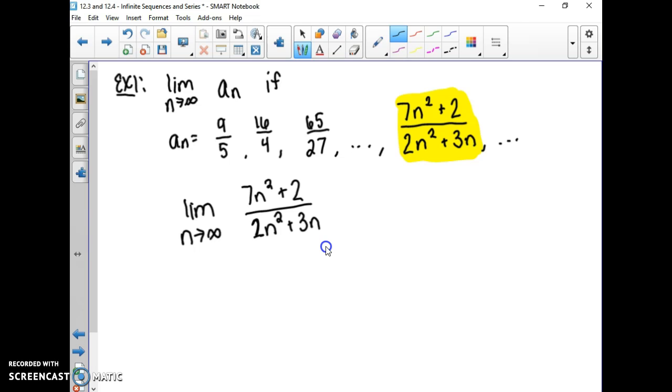Now this is a little more complicated than just looking at 1 over n, or even 200,000 over n, because with 1 over n, we can kind of think of what the numbers are, 1/5, 1/10, 1/100th, 1/1,000,000th, and think, well, that's fractions getting smaller, it approaches 0. Plugging numbers into this is not going to be easy. So I'm going to teach you another method that you can use, and it uses those properties of limits that we have.